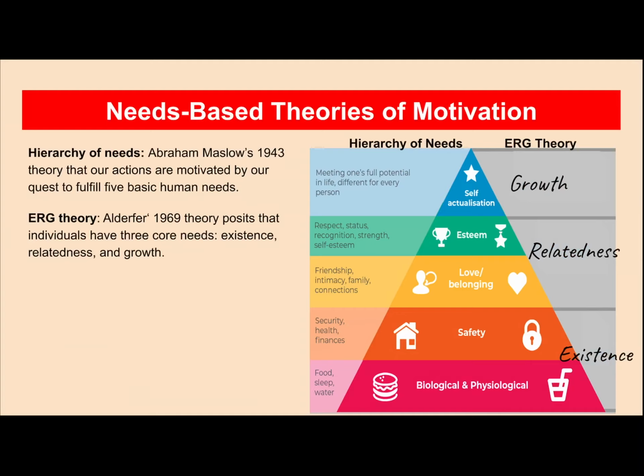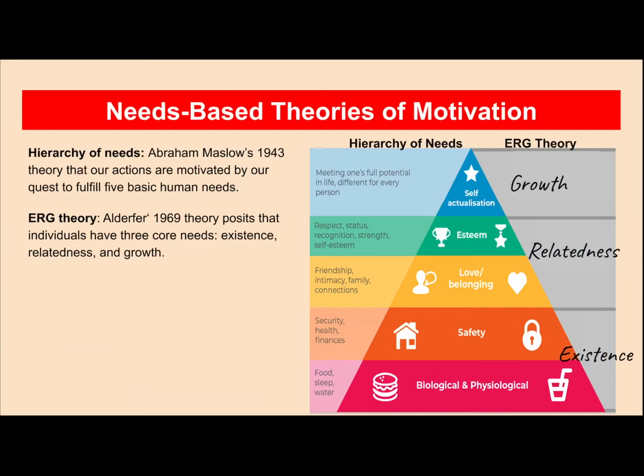He worked with Maslow's idea and divided them up into broader categories. You'll see on the right-hand side, I added the categories for ERG theory. At the bottom, safety and biological and physiological needs are counted as existence. The yellow and green level are counted as relatedness because those both involve relations with other people.